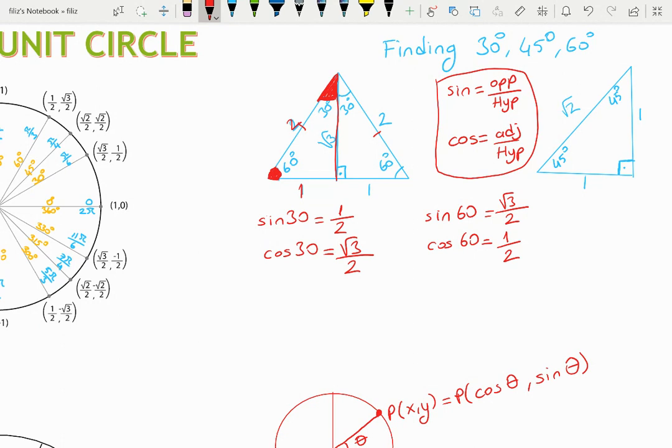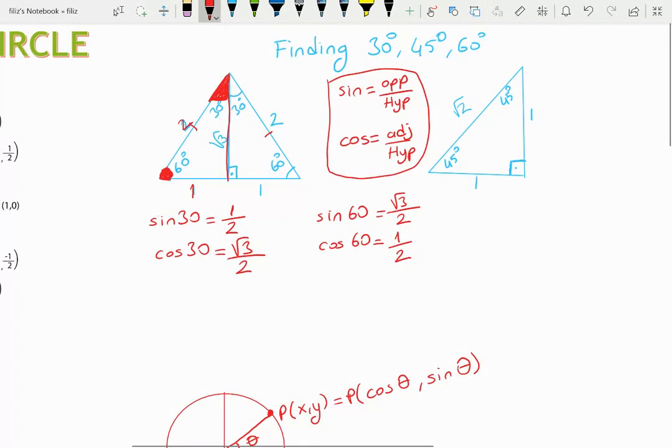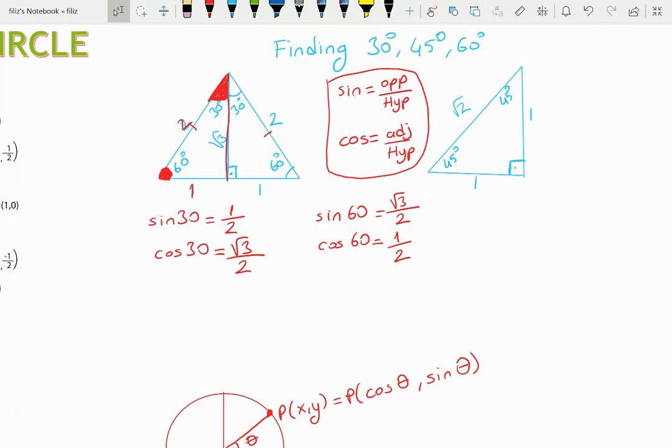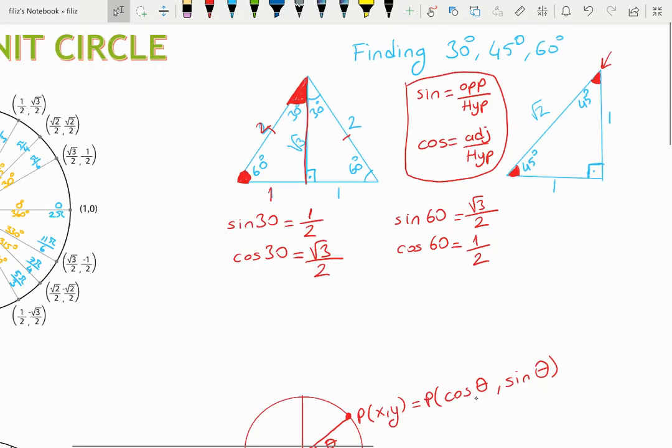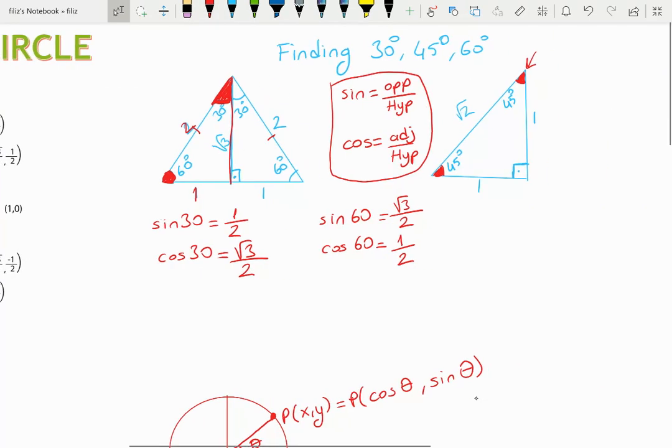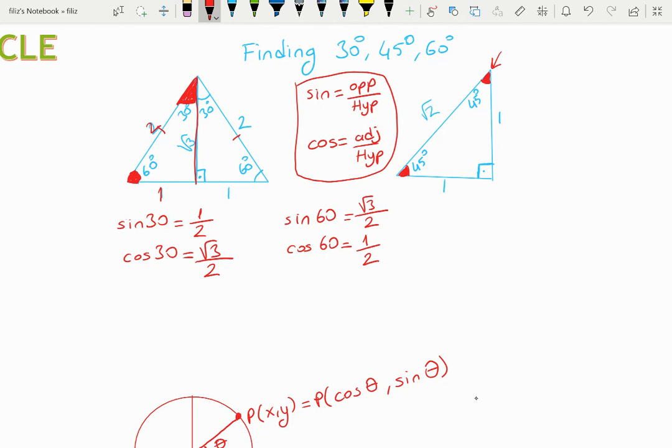Okay, so we can do the same thing in here. And since they are equal, 45 degrees, I can use any of them. Let's say I'm using this one here. What is my sine 45?